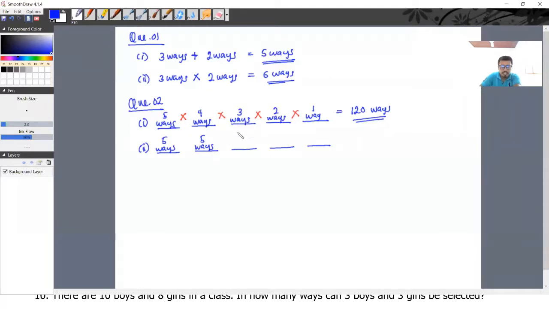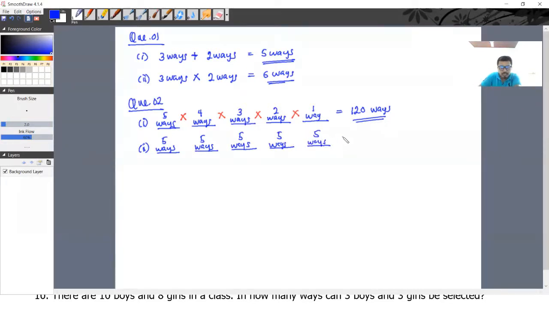To put a digit here, how many ways are there? Yes, again 5 ways. Again I can put any one of the digits that they have given. Here also I have 5 ways. Even here I can use any of the 5 digits, 5 ways.